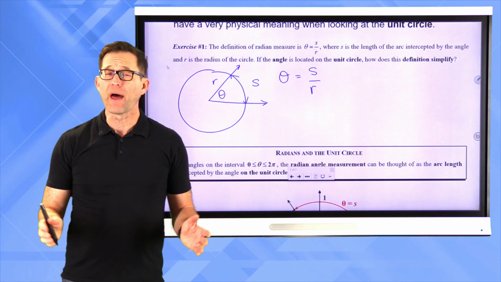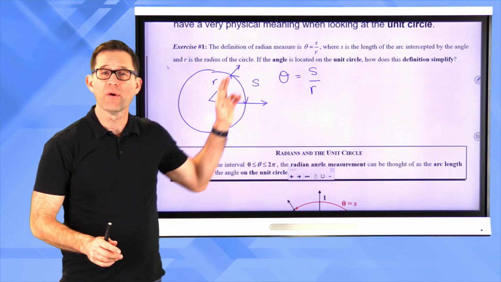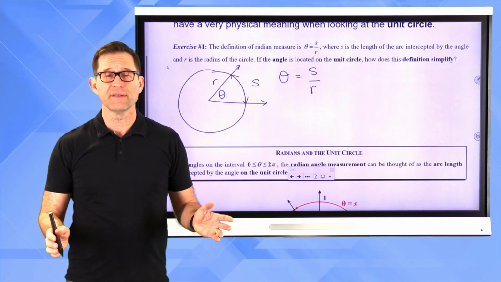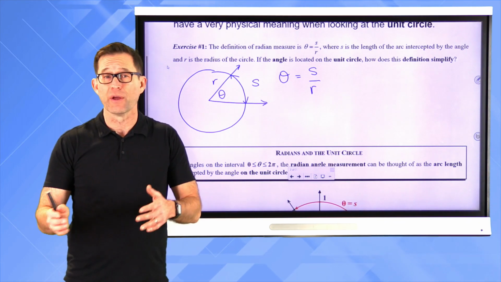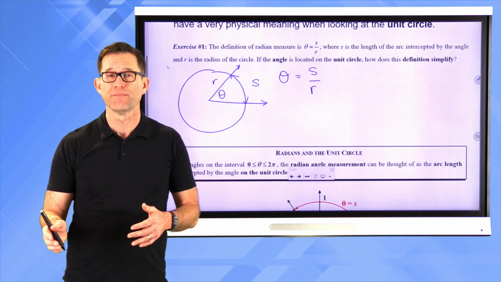And from that, we got the fact that when we do a full rotation around any circle, there are 2 pi radians, because that is simply the ratio of the circumference to the radius.